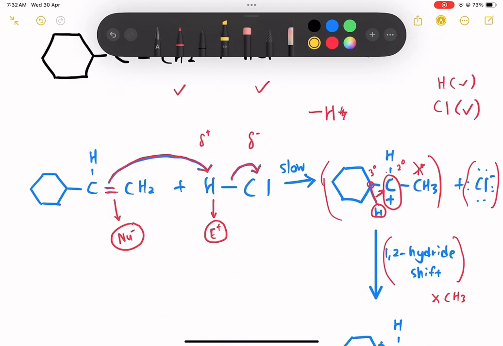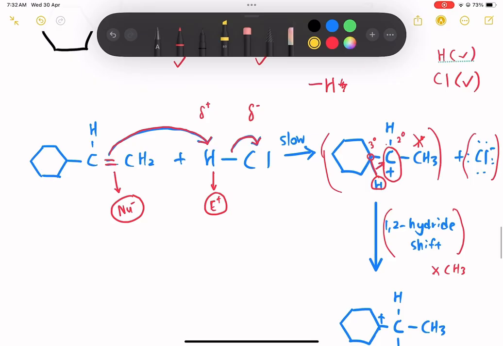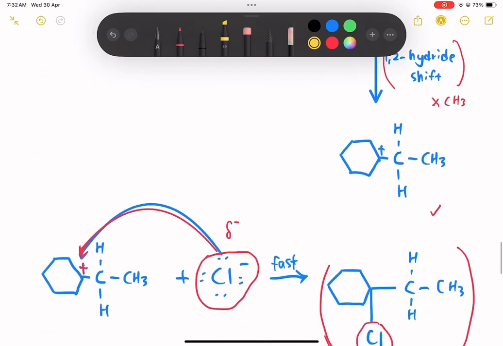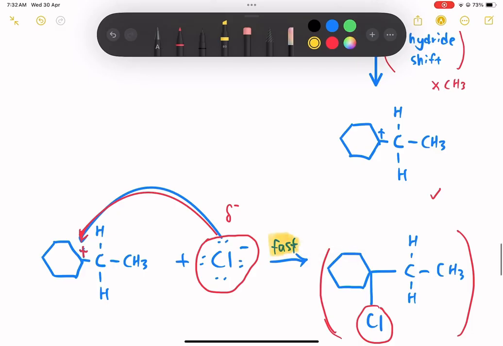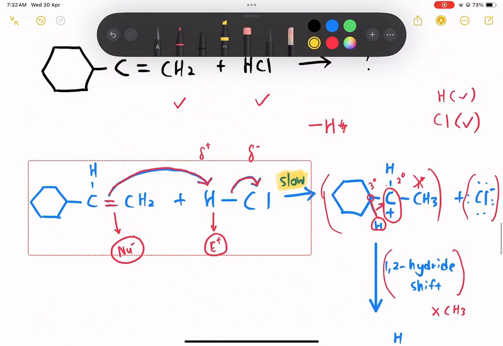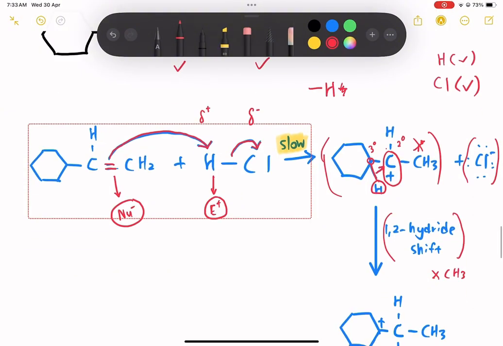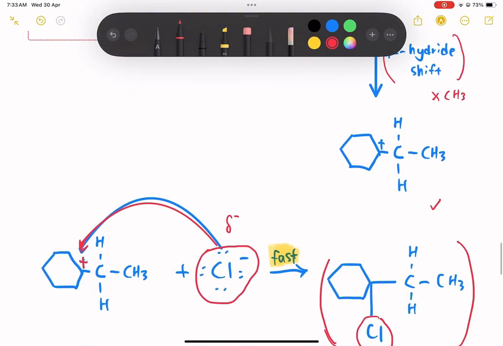Lastly, remember about the slow and fast reaction. The first step is a slow one, but the second one is a fast one. Because the first step, it is from a stable one becomes an unstable compound. But for this one, it is a fast reaction because it is from an unstable one becomes a stable one.